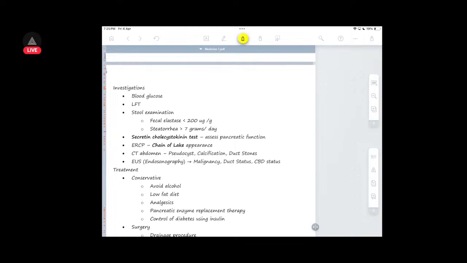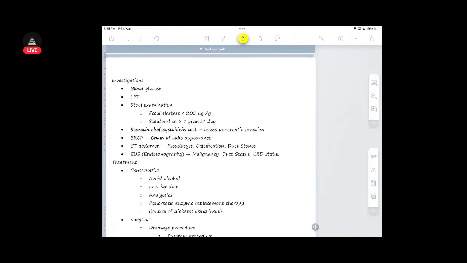Investigations: you have blood glucose, liver function test, stool examination in which fecal elastase is less than 200 microgram per gram, and steatorrhea may be there, wherein it is more than 7 grams in a day. The secretin cholecystokinin test is also a test in which you assess pancreatic function.